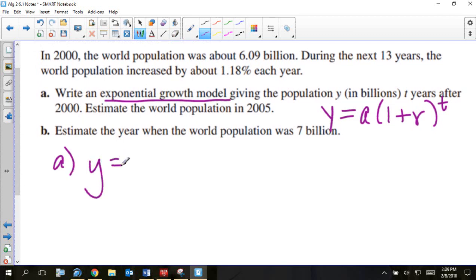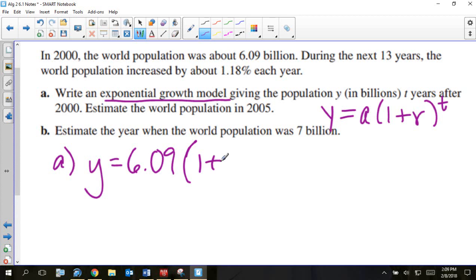Y equals, do we know the initial amount? And that's in billions, but we don't have to write billions. Multiply by 1 plus, do we know the rate?